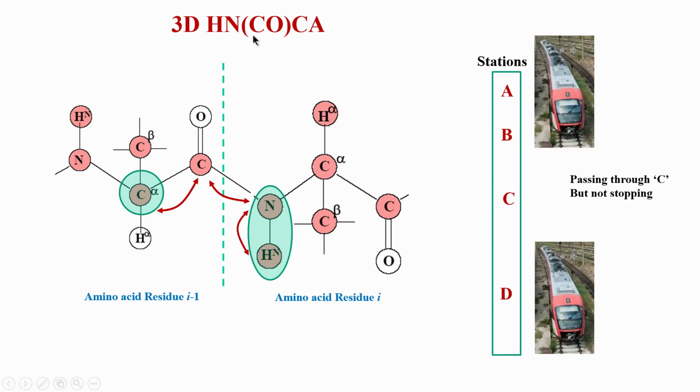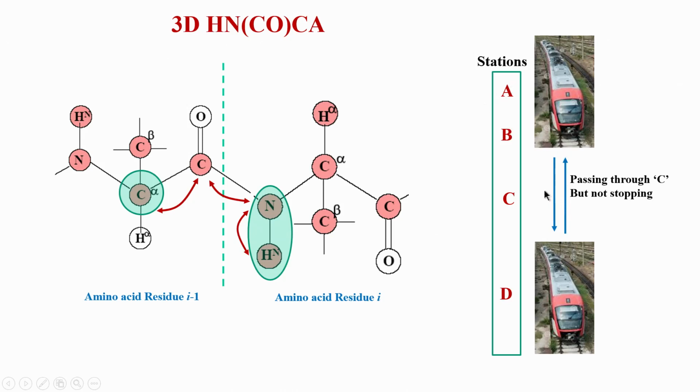The question is why this CO is in a bracket; you see here it is not shown separately, it is in a bracket. The analogy I normally give is: imagine that you have a train which passes through different stations, but let us say it does not stop at station C. It passes through C but does not stop, going forward, and backward again it goes through C, but does not stop.